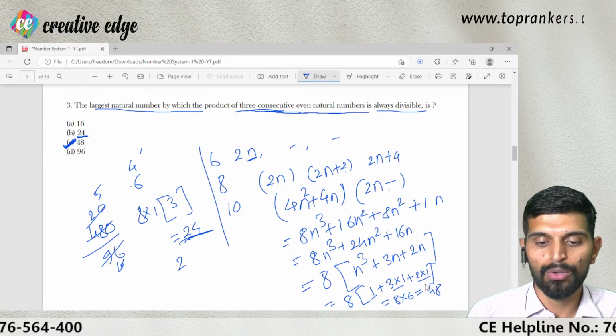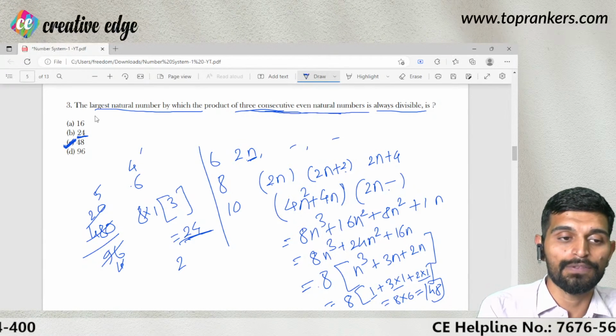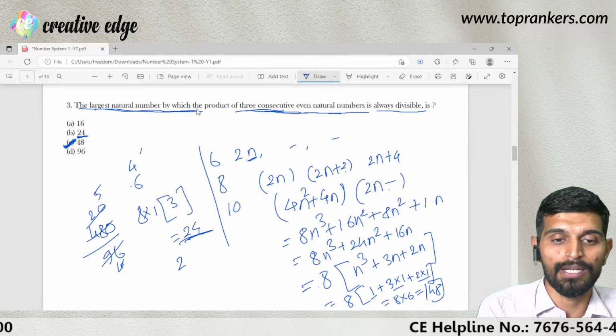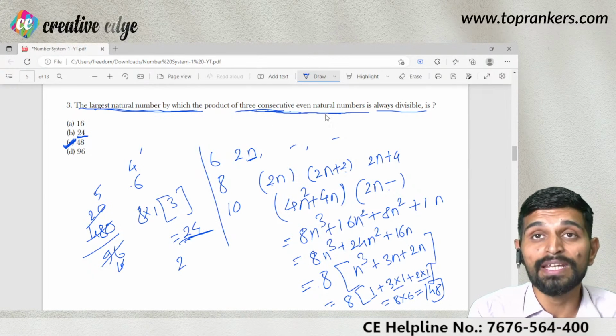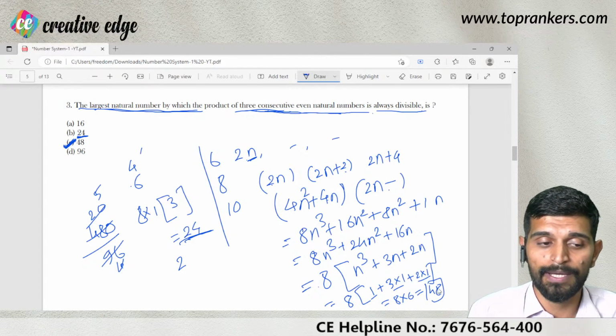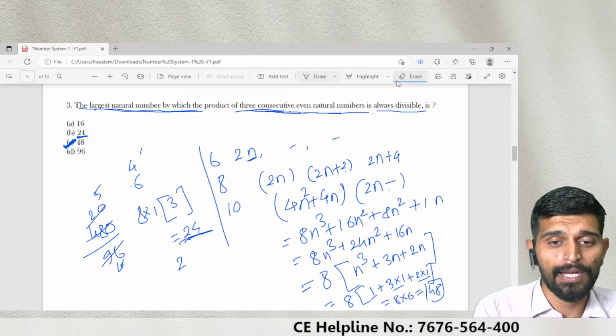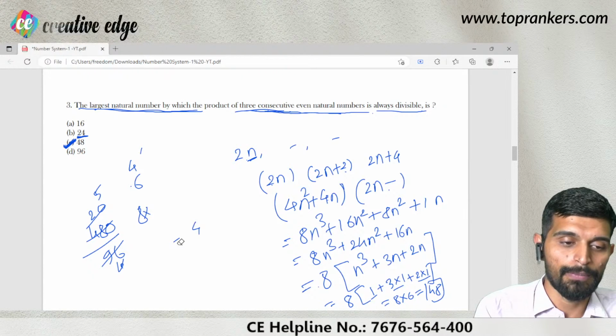So this is how we determine the maximum possible value of the natural number, or largest possible natural number, which when divided into the product of 3 consecutive natural numbers, that number will always be divisible by this 48. You can keep any value of n and you'll have the product divisible by 48.